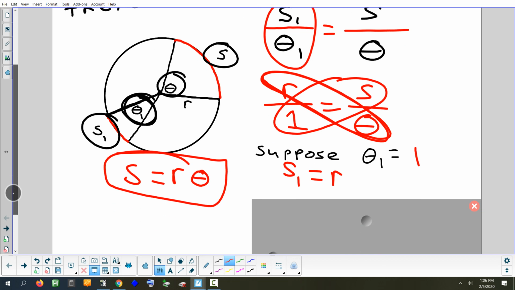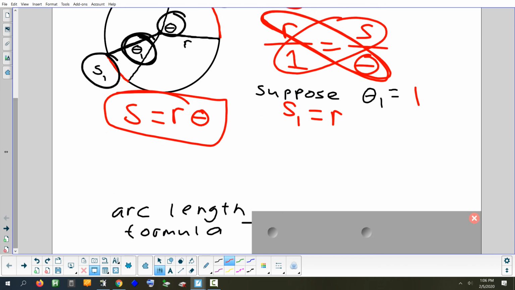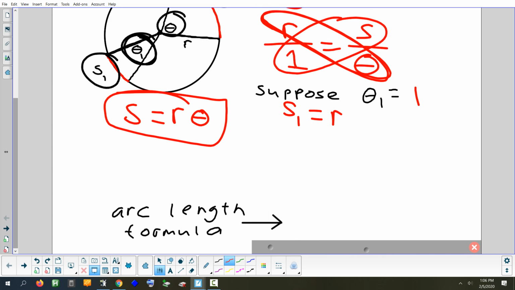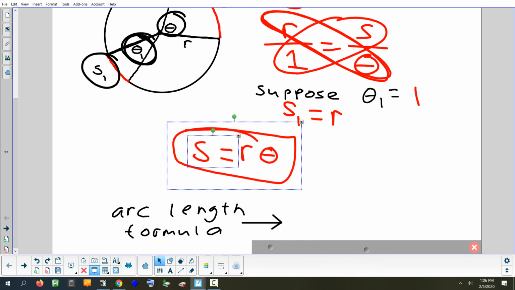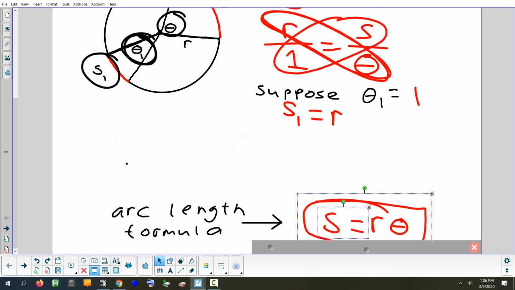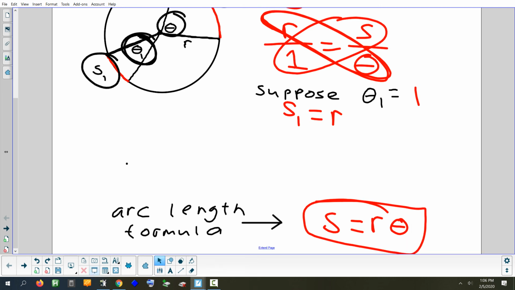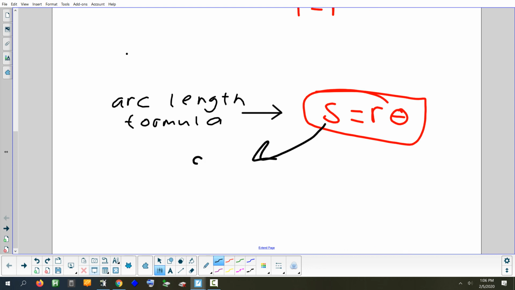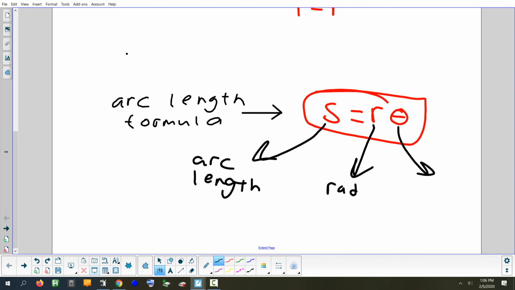And what's in that box is called the arc length formula. So the arc length formula has three variables in it. It has the S, which is the arc length. It has R, which, what did we say R stands for? Radius. And theta, which is an angle.